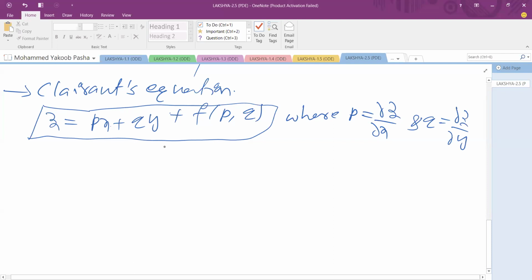So this equation is called Clairaut's equation. Now to solve the Clairaut's equation, I'm writing the general solution.